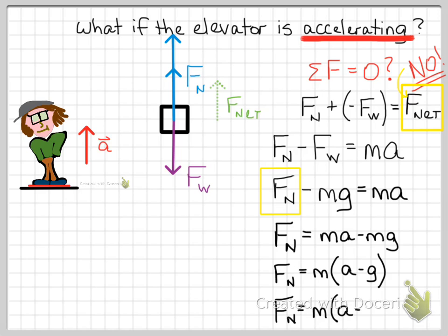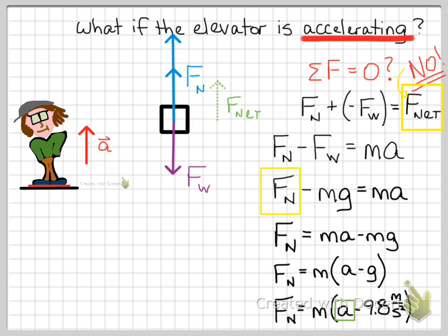All right, let's take a look at this equation. We've substituted 9.8 meters per second squared in for g, and you should be focusing on this value of a now that we have this expression at the bottom of the page. If the acceleration is 0, then the normal force would be equal to mg, or m times 9.8, which makes sense.